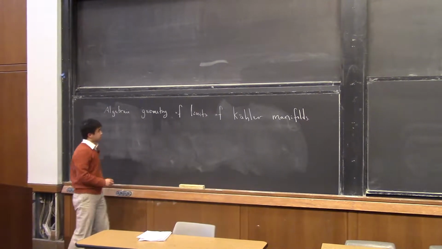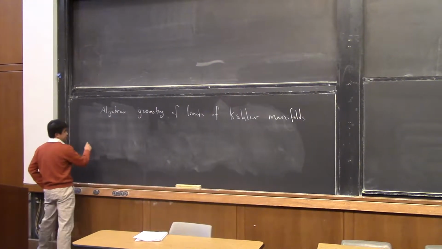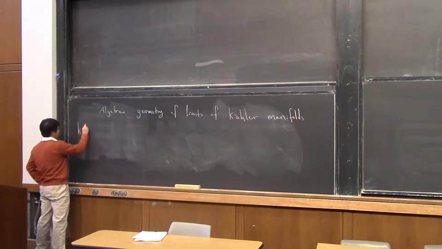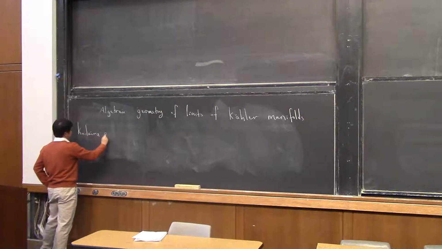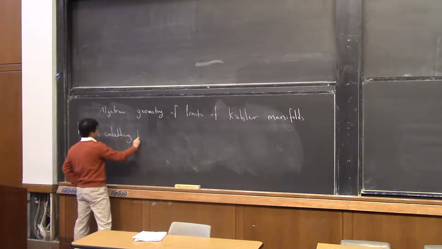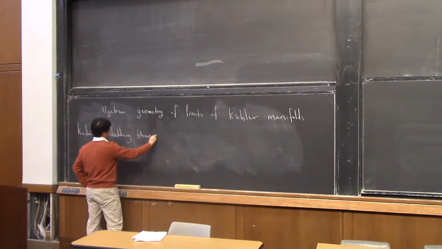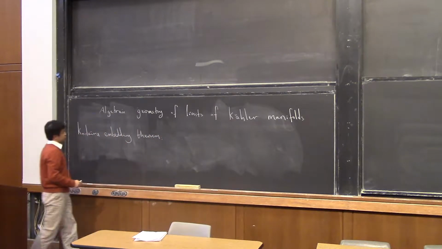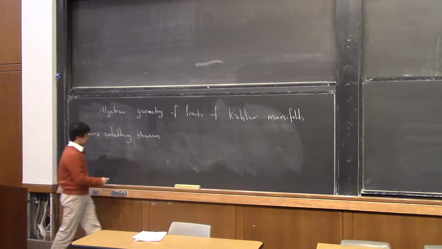So let's start with the classical Kodaira embedding theorem. This is the classical relation between differential geometry and algebraic geometry of complex manifolds.